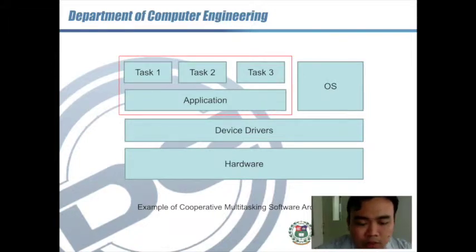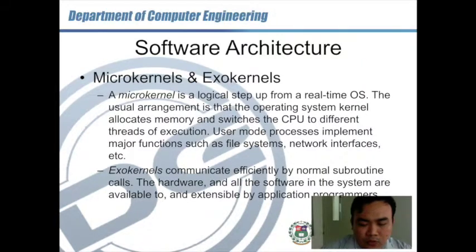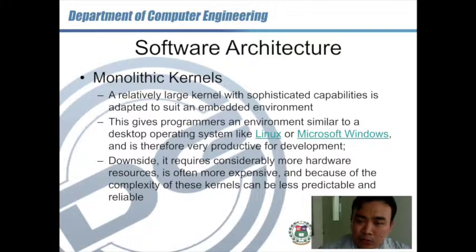And of course, we have microkernels and exokernels. These are kernels from a desktop operating system that are converted into an operating system that can run on an embedded system. We also have monolithic kernels, such as Linux, Windows or Android. Those are what we call monolithic systems.